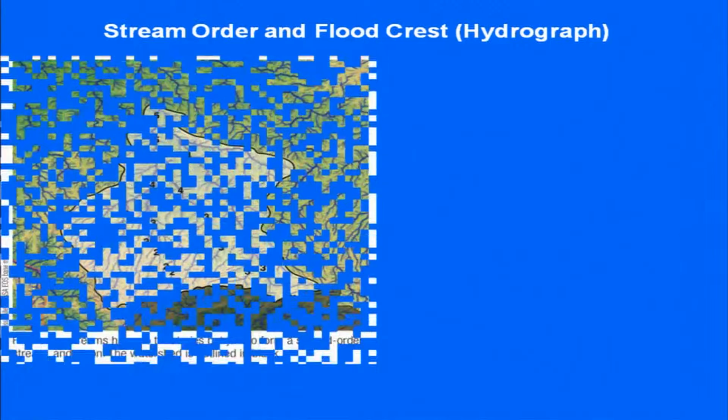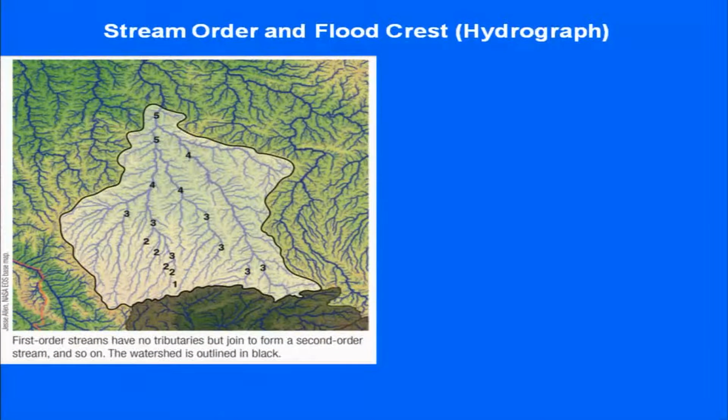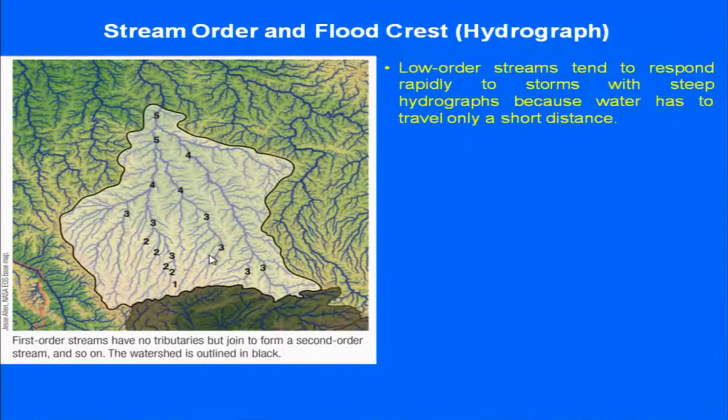So stream order and flood crest, or the hydrograph, is what we discussed. The first order streams have no tributaries but join to form a second order stream, and so on. This is what has been shown here. What it says is that the lower order streams tend to respond rapidly to storm or heavy rainfall with a steep hydrograph.